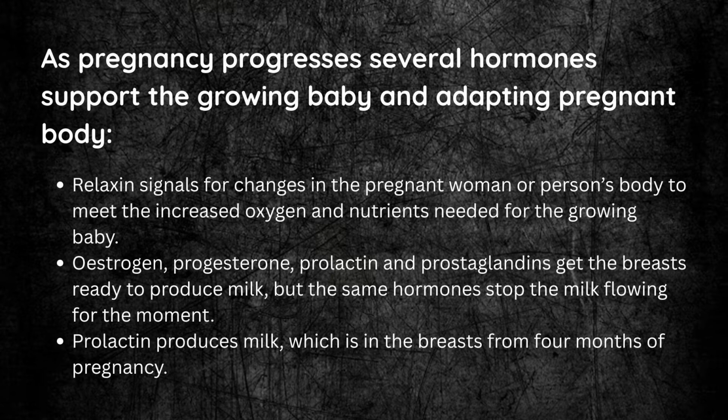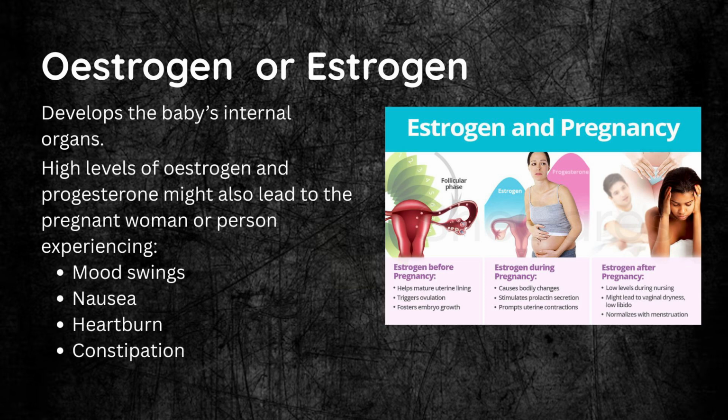Estrogen, progesterone, prolactin, and prostaglandins get the breast ready to produce milk, but the same hormones stop the milk flowing for the moment. Prolactin produces milk, which is in the breast from 4 months of pregnancy. Estrogen develops the baby's internal organs.